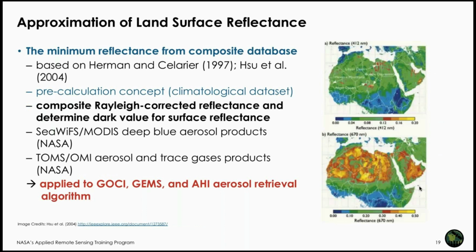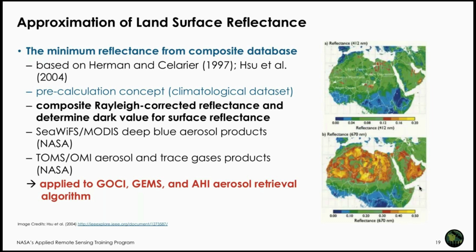The second concept is the minimum reflectance technique from a composite database. This is the pre-calculation concept. We can think of this as a climatological database. Each scene has cloud or aerosols, so it is hard to get surface reflectance directly.